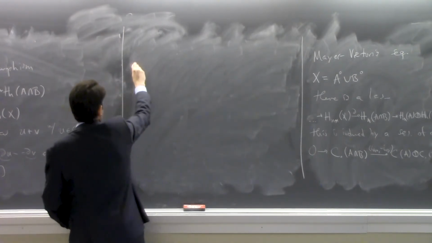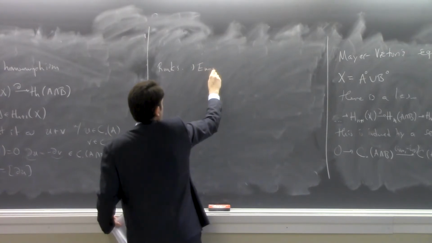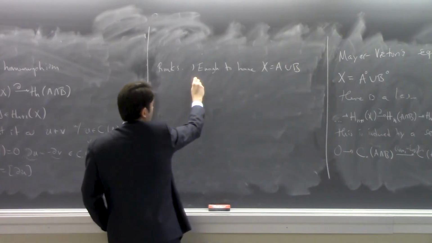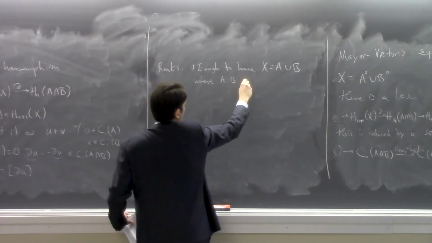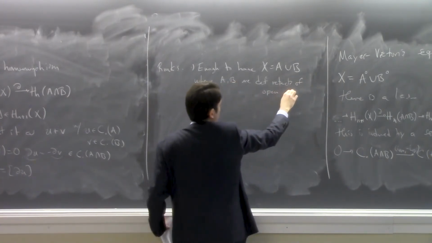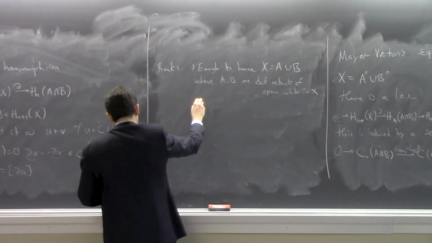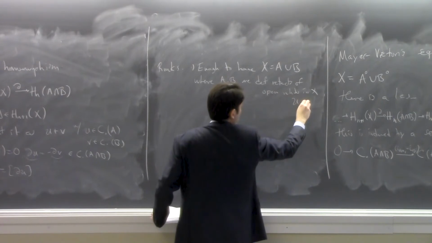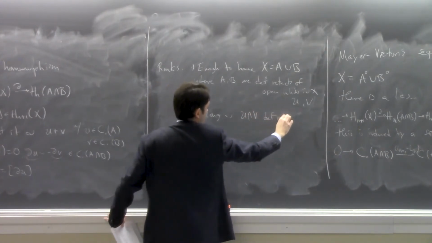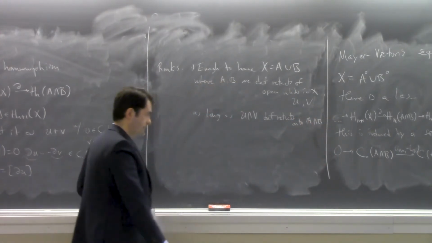So a couple remarks. It's clearly enough to have X written as a union where A and B are deformation retracts of open neighborhoods in X, so let's give them a name, say U and V, that retract, as long as U intersect V deformation retracts onto A intersect B. Right.